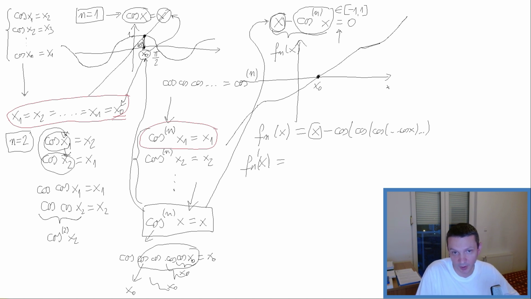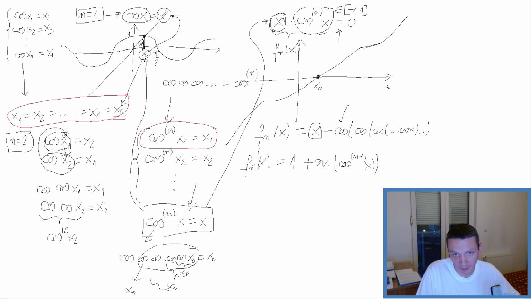Derivative of x is 1, and derivative of cosine is minus sine, so this will be plus sine of cosine n minus 1 times of x. We are now using simply the product rule, actually the rule for derivation of composition, yes, product rule.